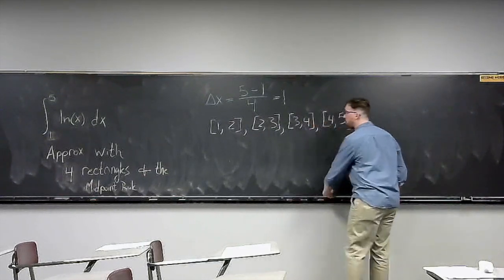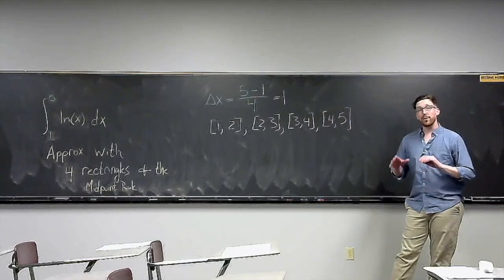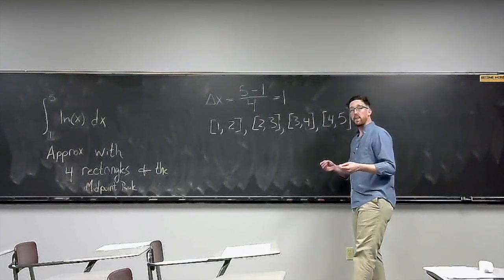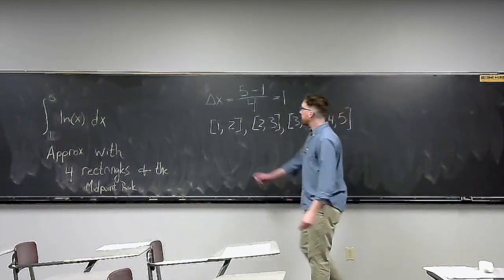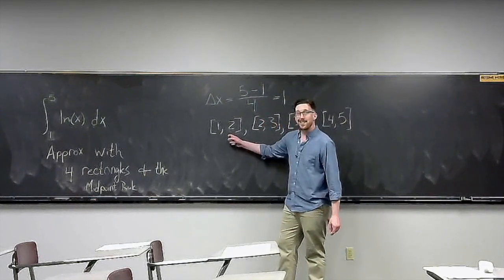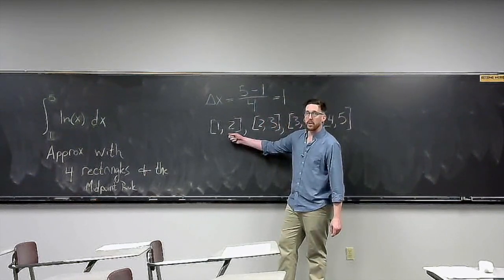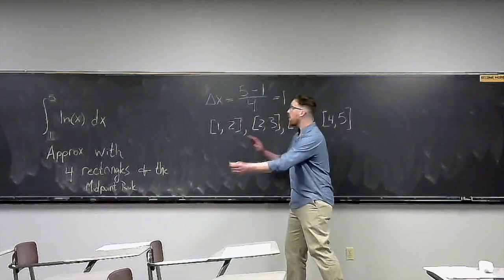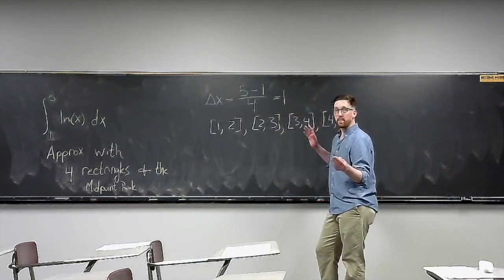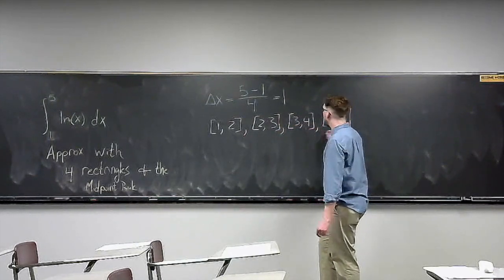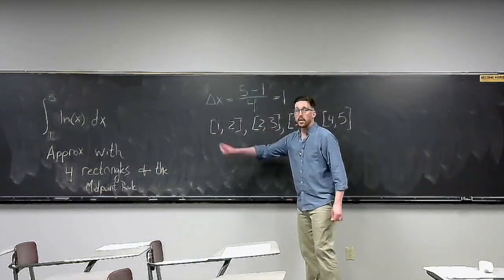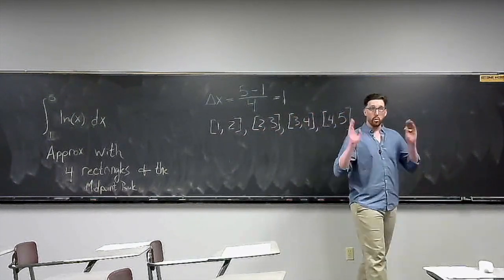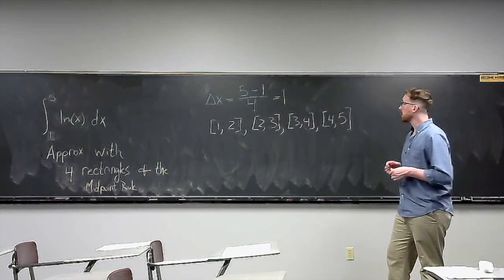Now we're using the midpoint rule, so the particular x value we want to use is the x value that is right in the middle of these subintervals. So we've got our whole big interval from 1 to 5. We're breaking it up into 4 subintervals. Each of those represents the width of one of our rectangles.